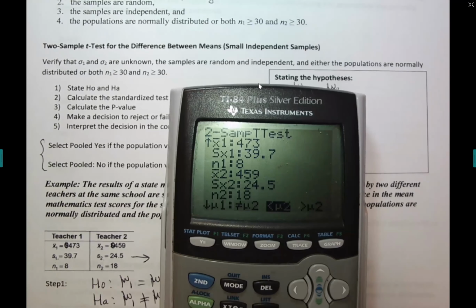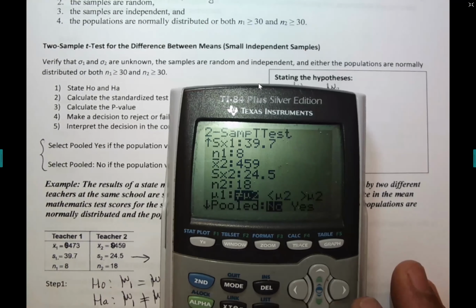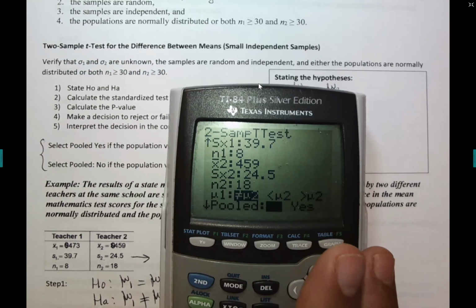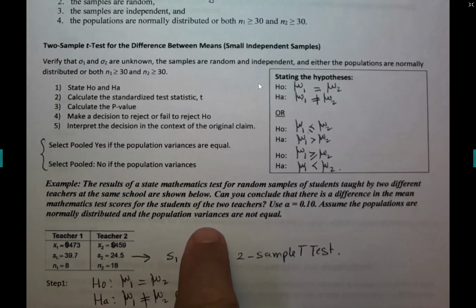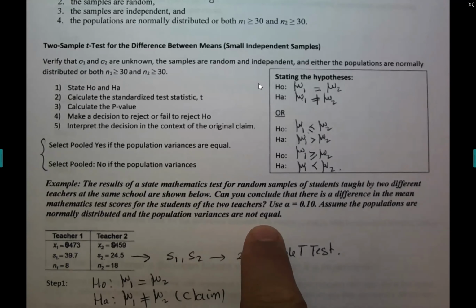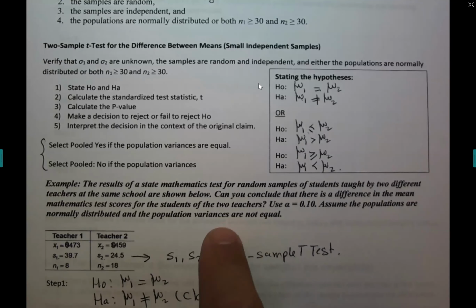Mu1 is different from mu2. That's my alternative. There's one more thing before we hit calculate, and please pay attention. It's asking you pooled, yes or no. Here's how you determine it. If he says population variances are not equal, it's a no. If he says population variances are assumed to be equal, it's a yes.